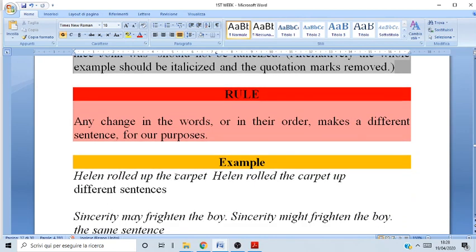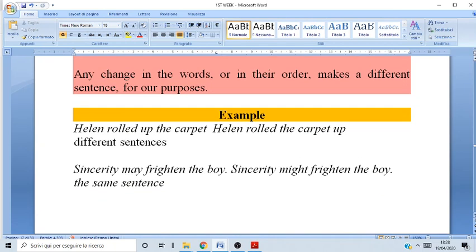So if I say, example in yellow, Helen rolled up the carpet, or Helen rolled the carpet up, I'm saying two different sentences. But sincerity might frighten the boy, or sincerity might frighten the boy, are exactly the same sentences.